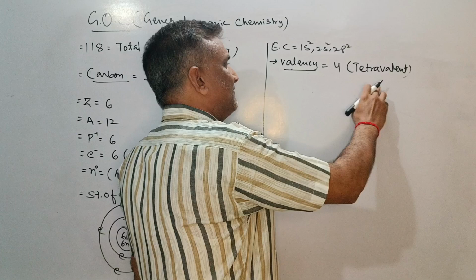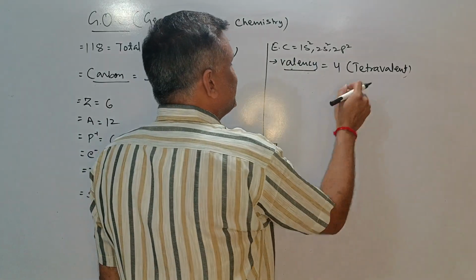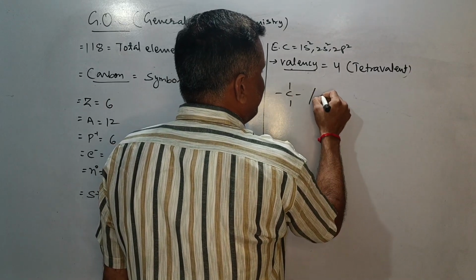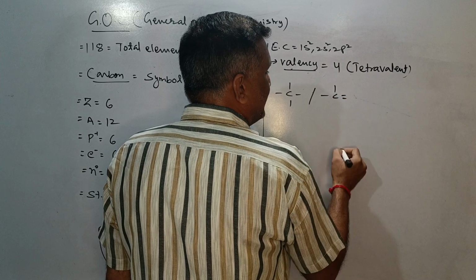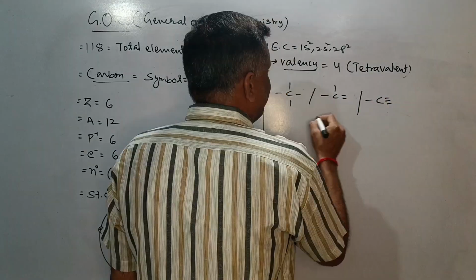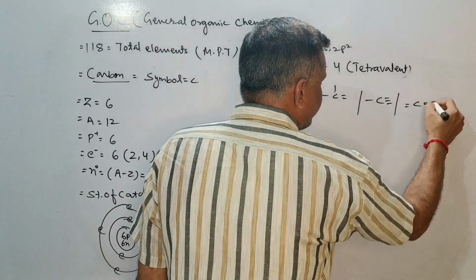So carbon is a tetravalent element, means it exists 4 valency, and these 4 valency may be satisfied by either 4 single bond, may be satisfied by either 2 single and 1 double bond, may be satisfied by 1 single and 1 triple bond, and may be satisfied by just 2 double bond, like this.